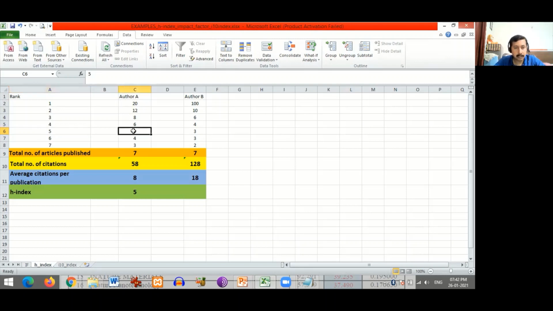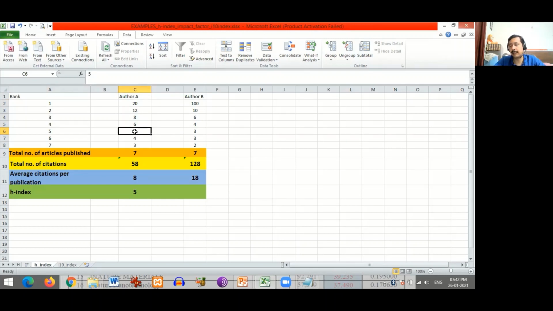So if you start going upwards from here, you notice that all these articles each have 5 citations at least. Whereas if you come down here, this has 4, this has 3, less than 5 citations. So in this case, H index is 5.